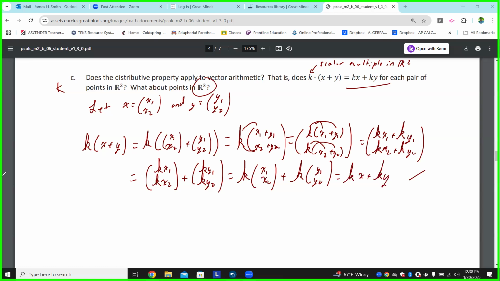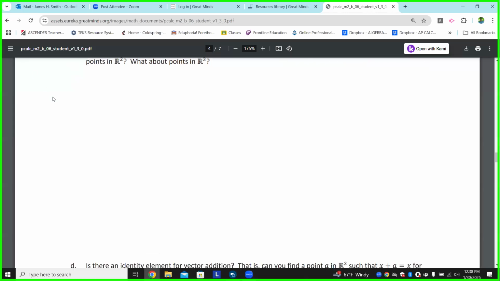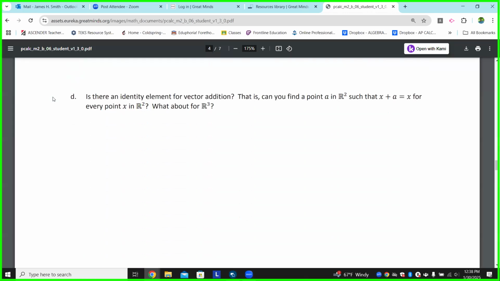All right, let's look at D. Two minutes to do D. Is there an identity element for vector addition? That is, can you find a point in a two-dimensional plane such that x plus a equals x for every point x?